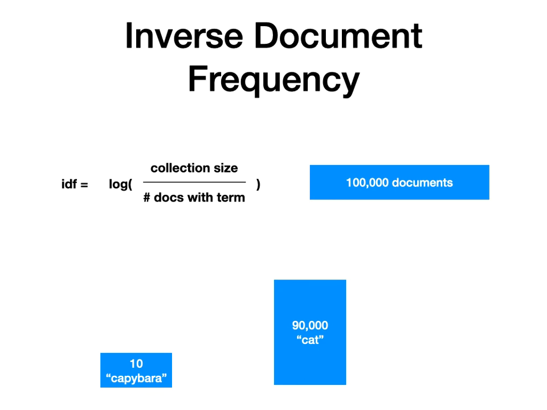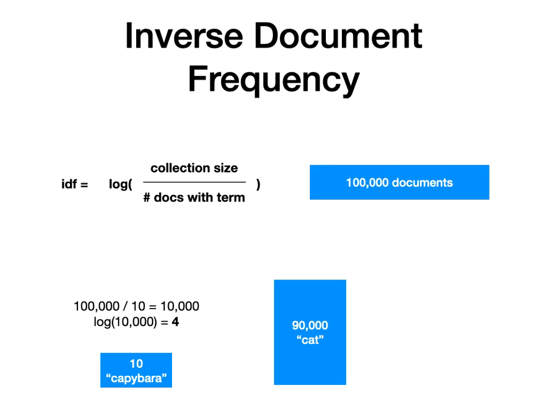Let's work through capybara. What is its IDF? Well, 100,000 over 10 is 10,000. The log of 10,000, at least in base 10, is 4. So the IDF, the rarity of this term within our collection, is 4.